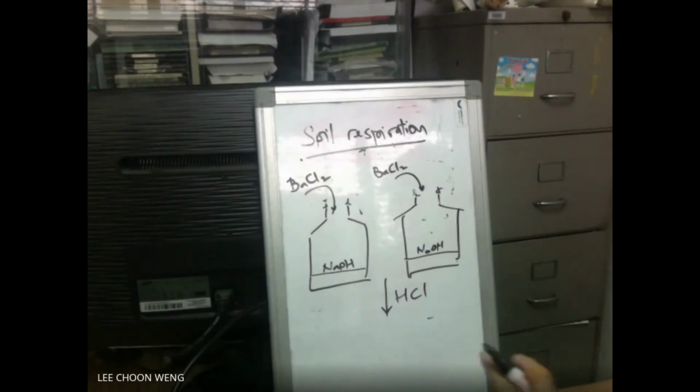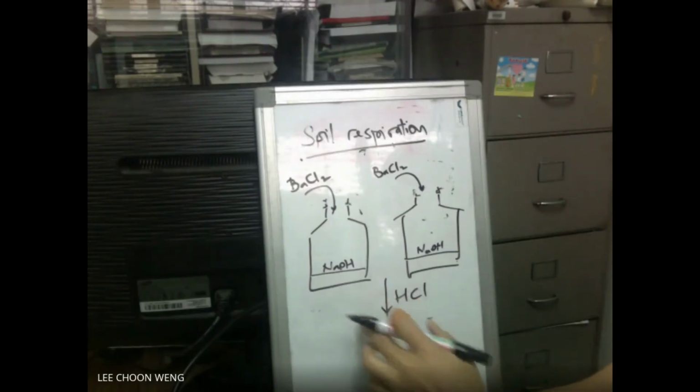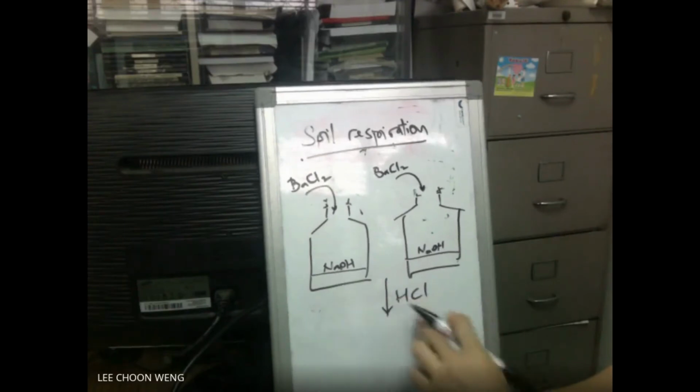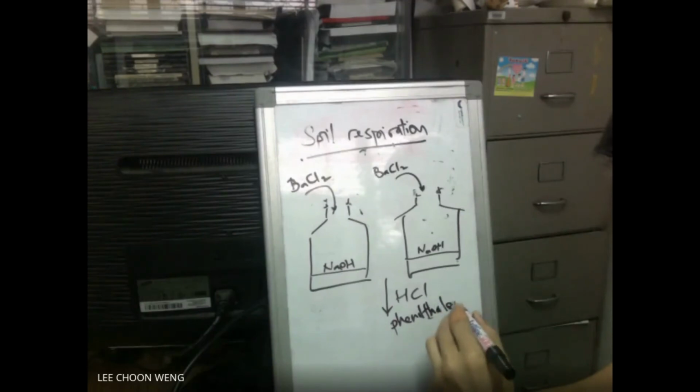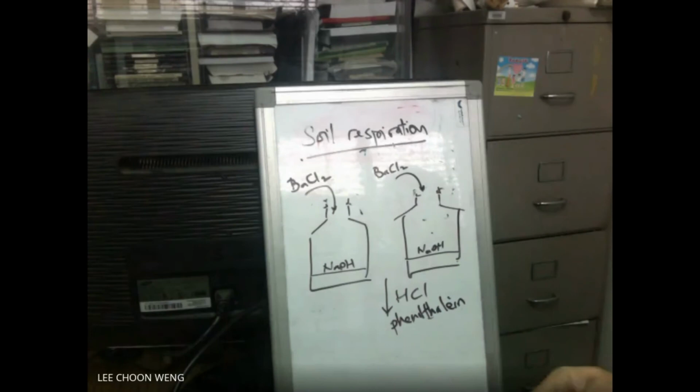Do you know what reaction is occurring? When you do this titration, your indicator will be phenolphthalein, if you still remember your high school chemistry.